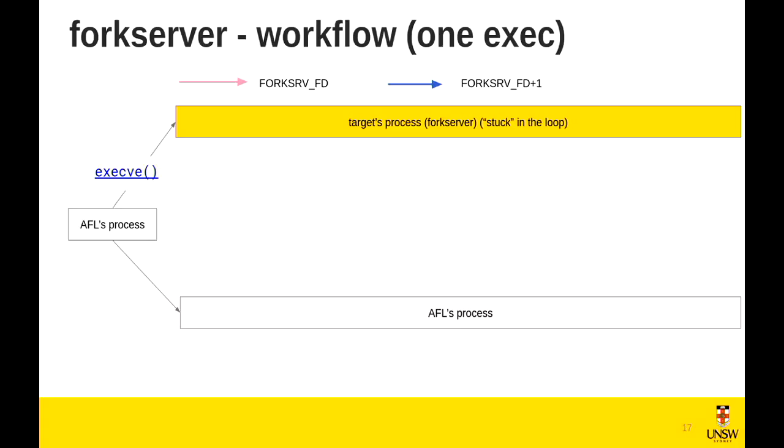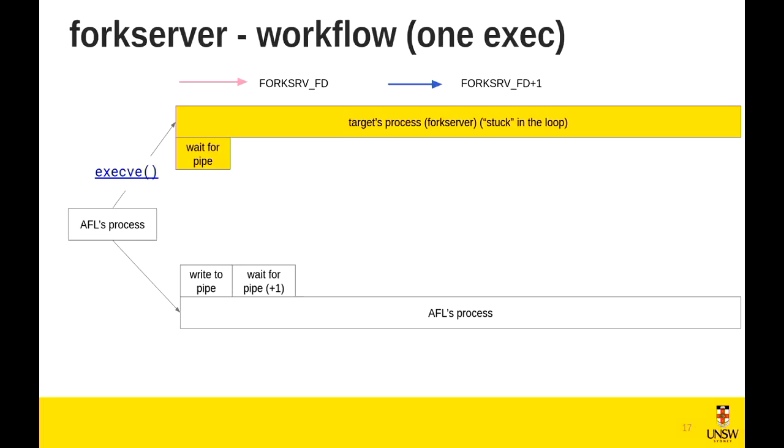Let's have a closer look at what happens here. First, it will wait for input from AFL. It will wait on the pink pipe, because the pink one is used for AFL to send messages.